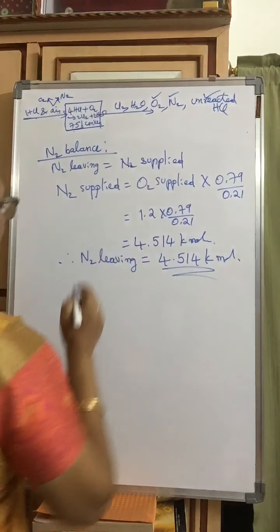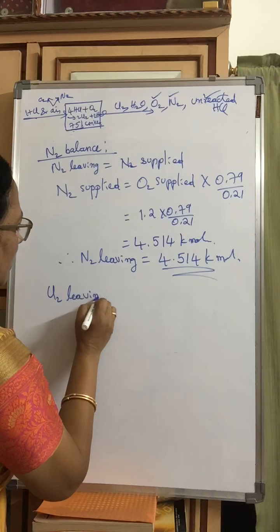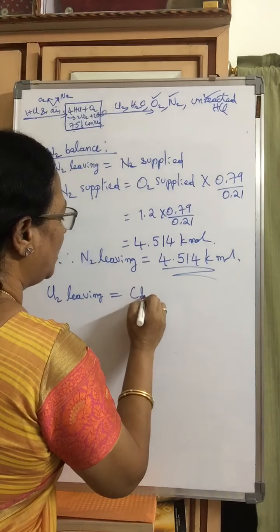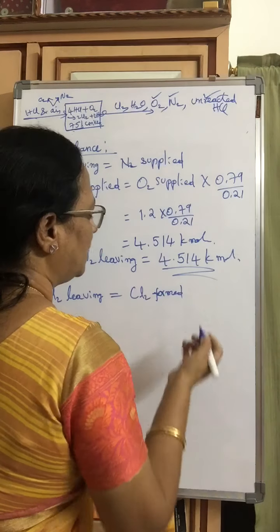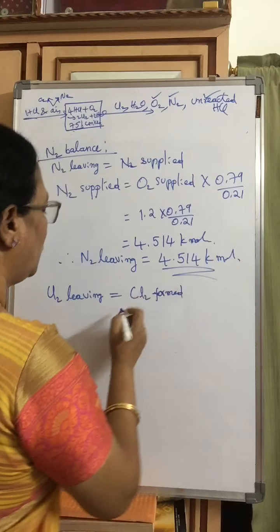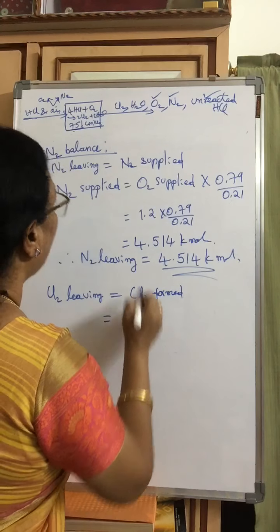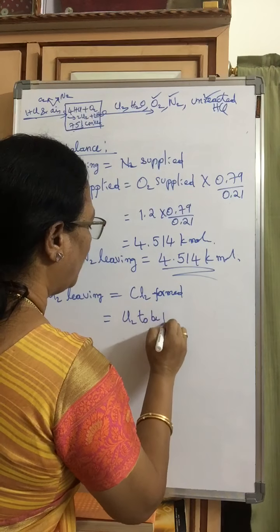Next, chlorine and water are remaining. Chlorine leaving is equal to chlorine formed. Whatever product is formed is what leaves. So chlorine formed is equal to chlorine to be formed according to stoichiometry into fractional conversion.